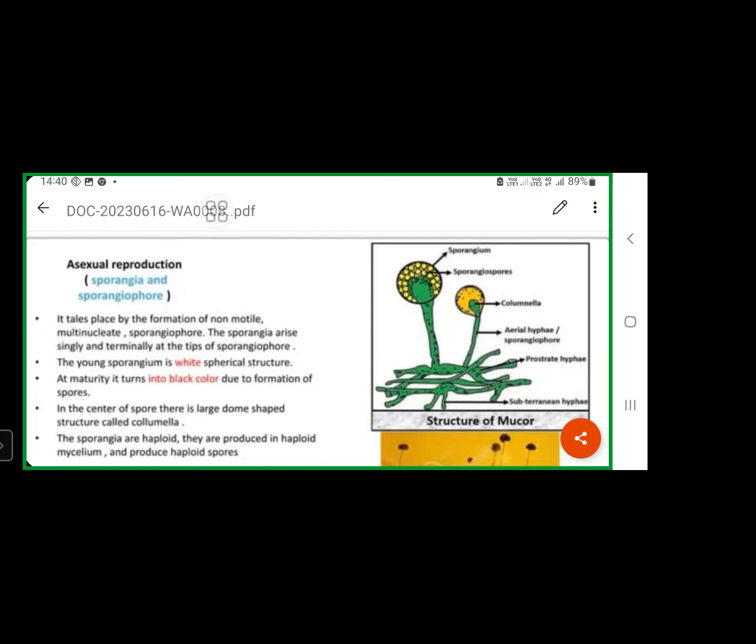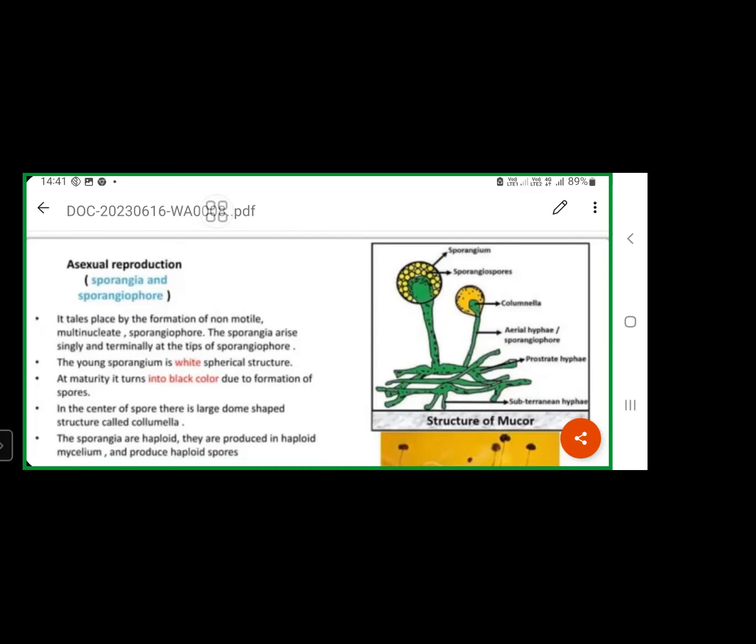That kind of vertical branches growing aerially in an erect manner are called sporangiophores. So from this mycelium, sporangiophores will develop. Later, the contents present in the sporangiophore, meaning cytoplasm, nuclei, etc., get accumulated at the tip region of the sporangiophore.